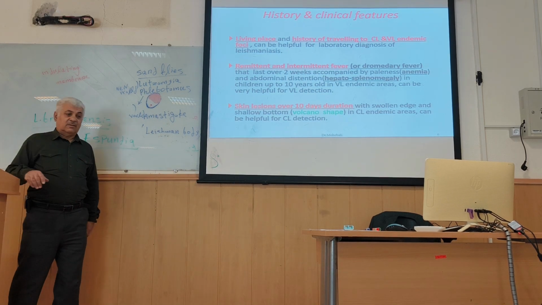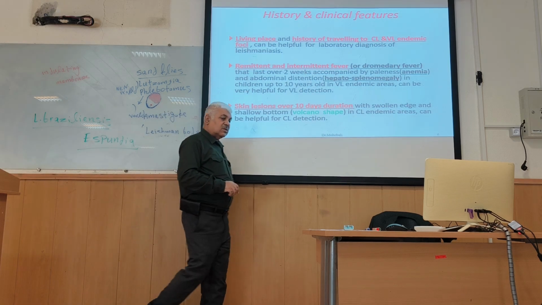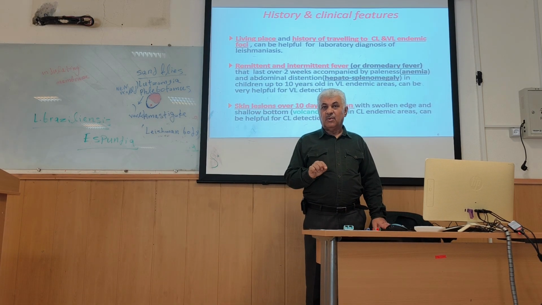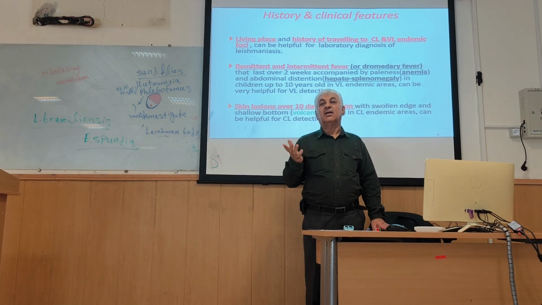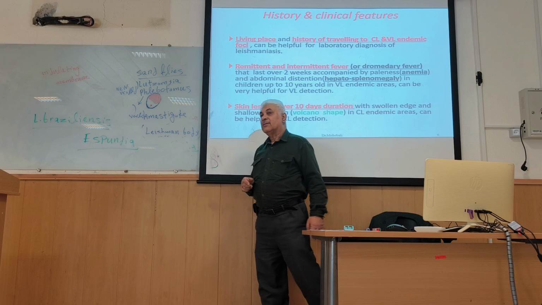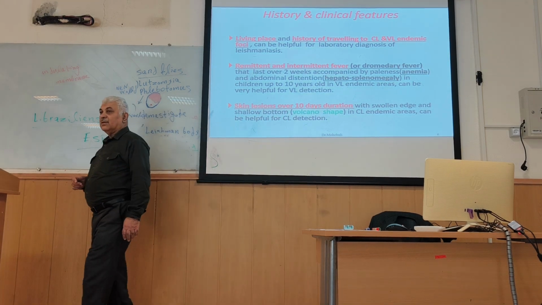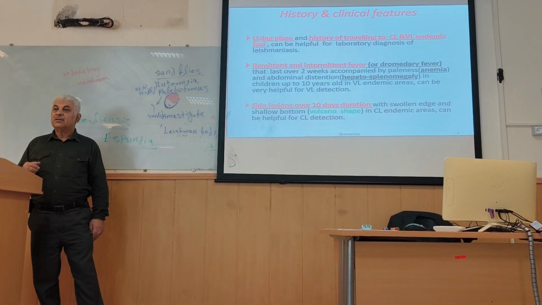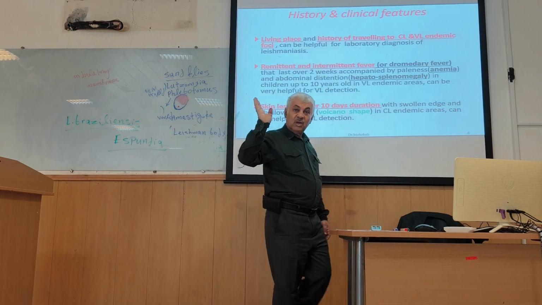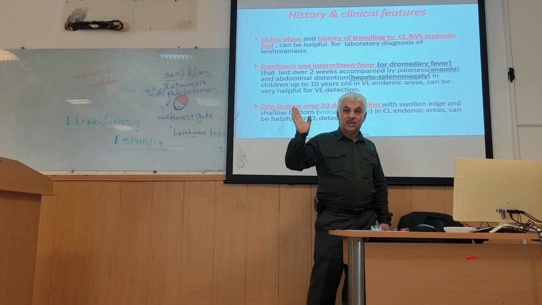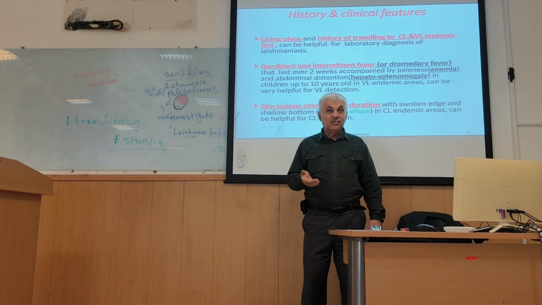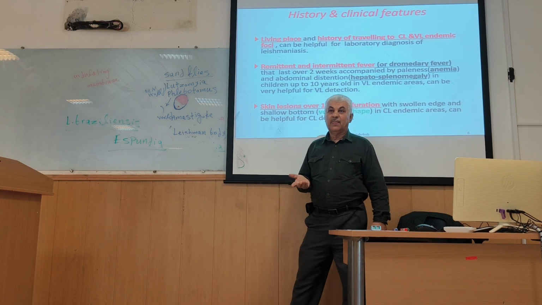The other subject is pathognomonic clinical signs, which are very important. For example, a child with dromedary fever and hepatosplenomegaly and a history of travel to endemic areas of visceral leishmaniasis is very close to visceral leishmaniasis.